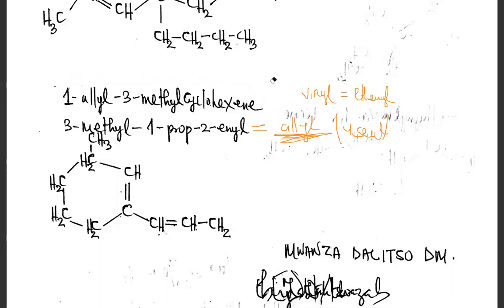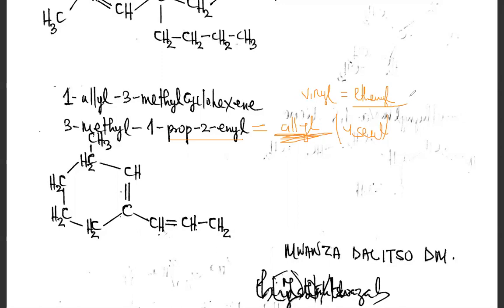The nom UPAC, if you've noticed, is always giving us a hint on how many carbon atoms we are going to have. Take, for example, propenyl here, you have 3 carbon atoms. Ethenyl, you have 2 carbon atoms. Methylidene, that is 1 carbon atom.